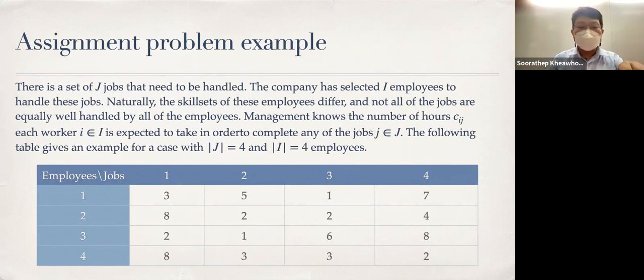This table represents the skill set of each employee. For example, if employee 1 takes the first job, they need 3 hours. If they take the second job, it needs 5 hours, something like that. Got it?